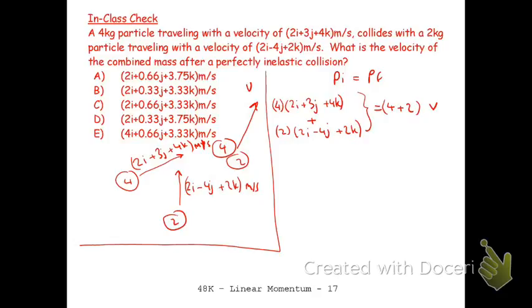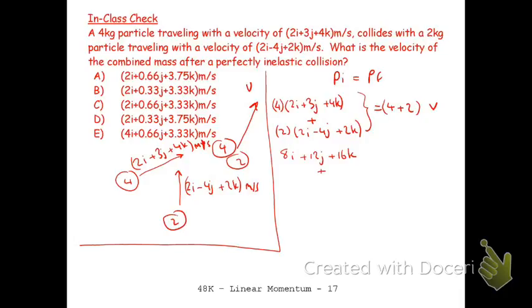If it's not going to fit, I'm going to put them vertically with a plus sign there and that little bracket. They combine afterwards, so the total mass is 6. Let's just multiply this out. This is going to be 8I plus 12J plus 16K.